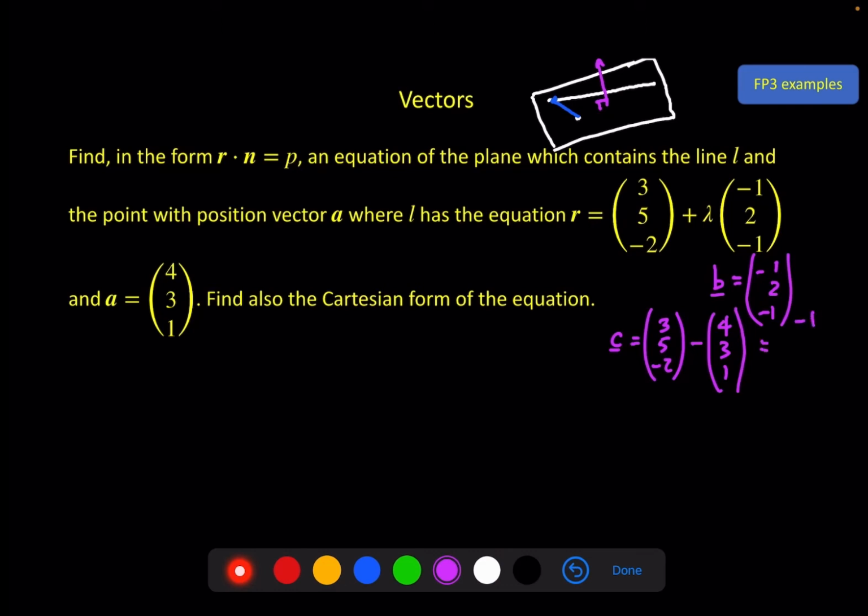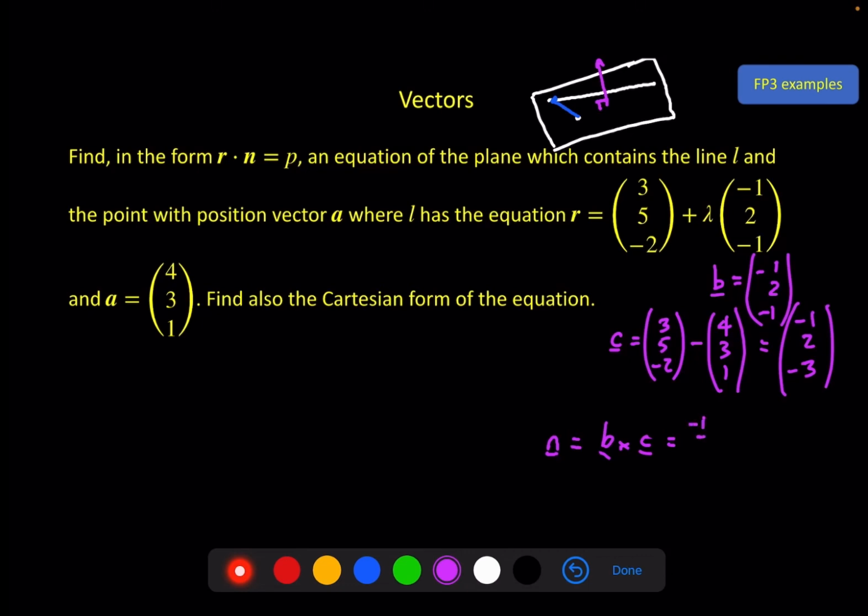So we've got (-1, 2, -3). So this is a second vector in the plane that is not parallel to B. So I can find B cross C, and that will equal the normal. And this is a very standard approach. Two vectors in the plane, cross them to get the normal.